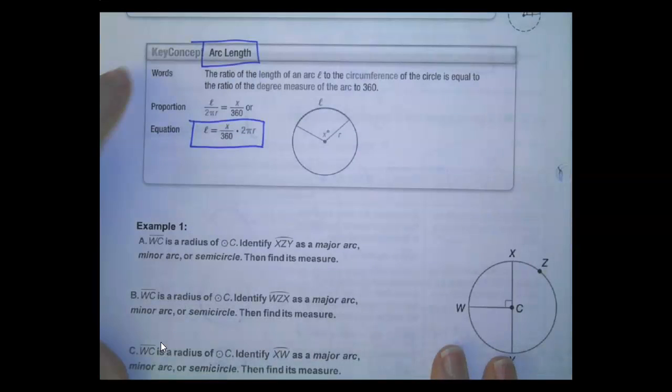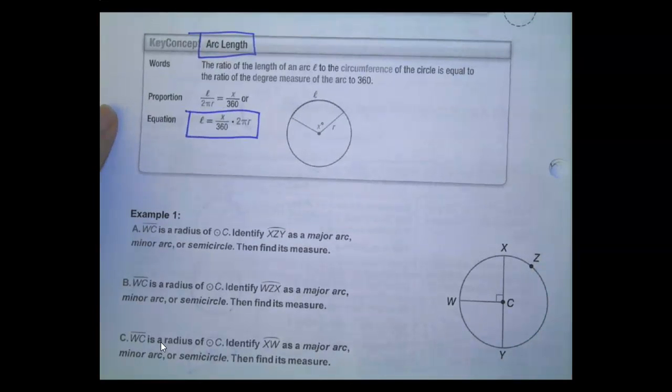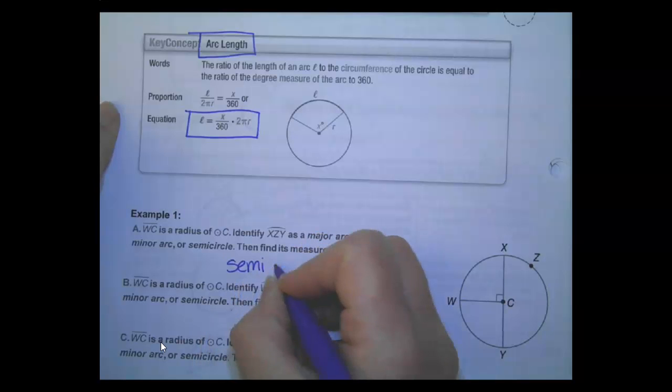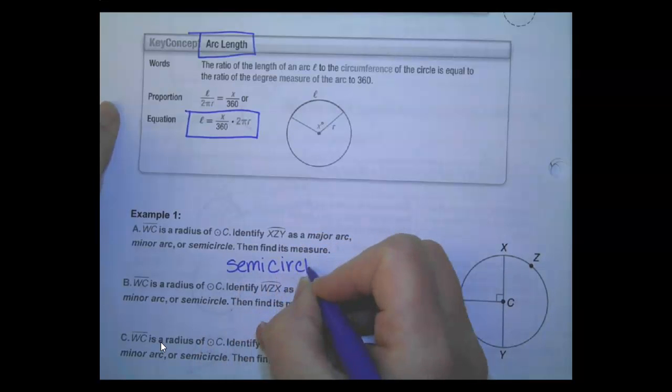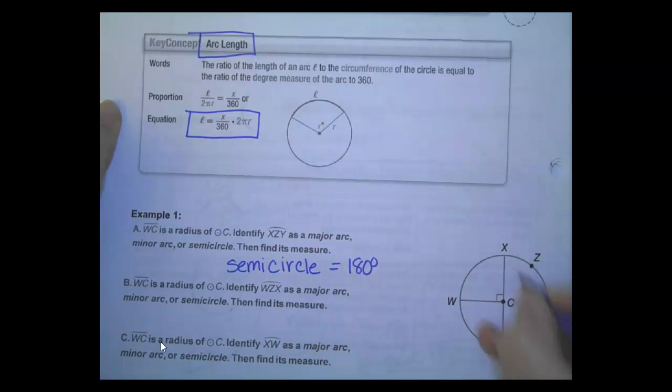All right. So given this down here, XZY. WC is the radius. This is the major arc. Is it minor arc or semicircle? Well, that's a semicircle. Sometimes I wonder if these are trick questions. Let's solve, that makes a straight line there.